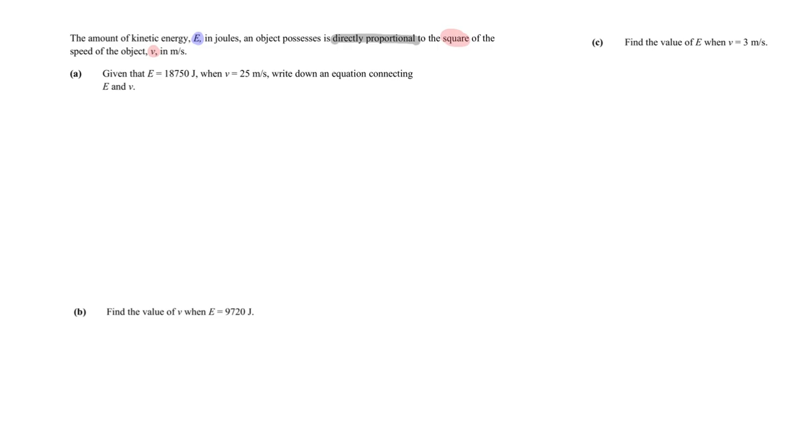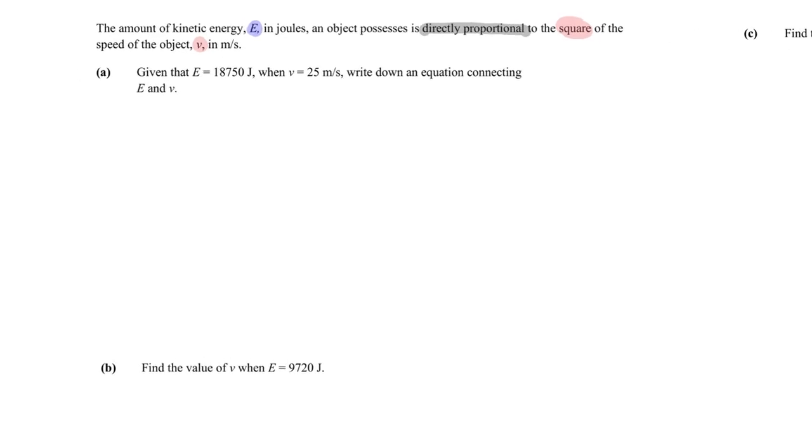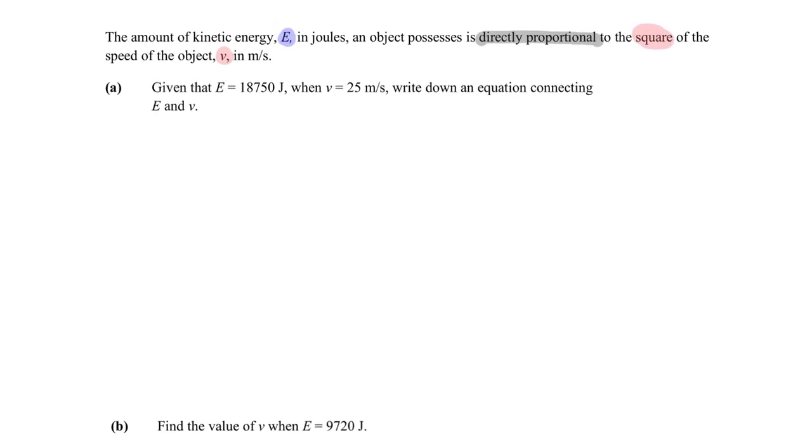The first general equation I'm going to come up with, since we need to write the equation connecting E and V, direct proportion, it will be E equals K times V square, because of the wordings down there, okay? So if you miss out on the word square, then you will most likely not be able to get this question right. So do be careful when you read the question.